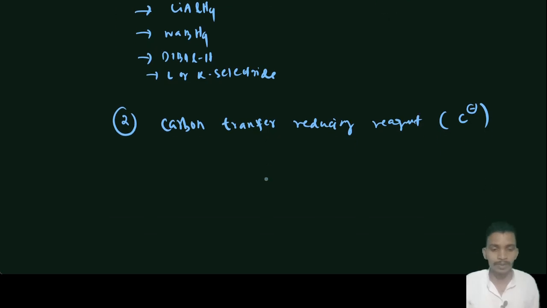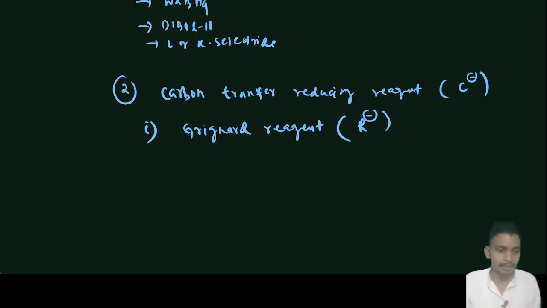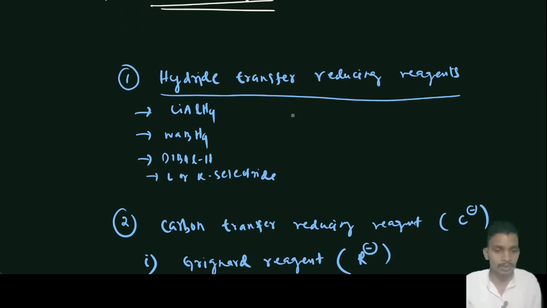Of this type of reagents, first we talked about Grignard reagents. Here any alkyl group, this R minus, will transfer and do the reactions. Whereas in the earlier case, H minus used to go.